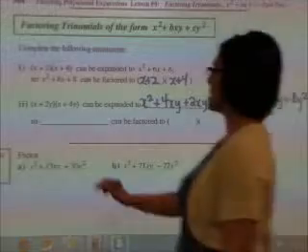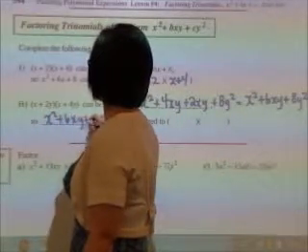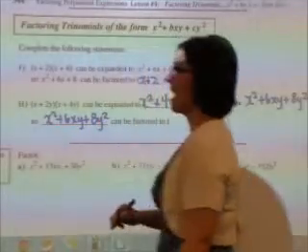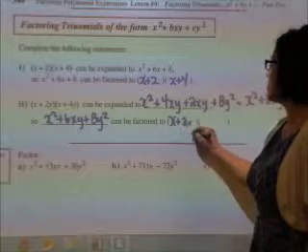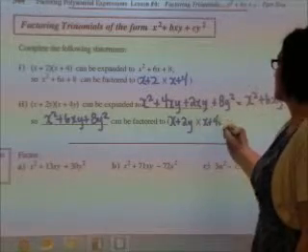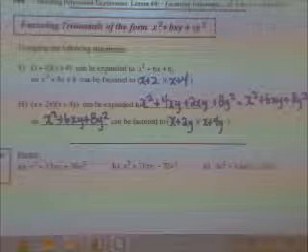So if I work backwards, and take x squared plus 6xy plus 8y squared and factor it, I would get an x plus 2y and an x plus 4y. What is the difference between this trinomial and the other ones that I've done?